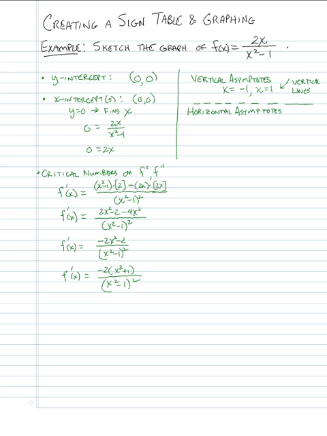So horizontal asymptotes have to do with the limit as x approaches infinity of the function 2x over x squared minus 1.